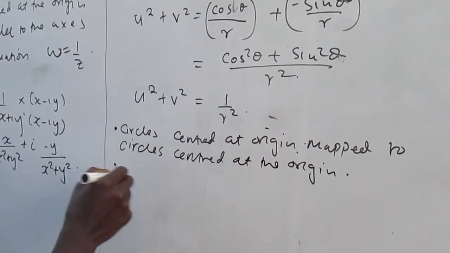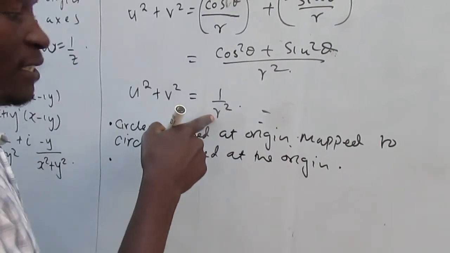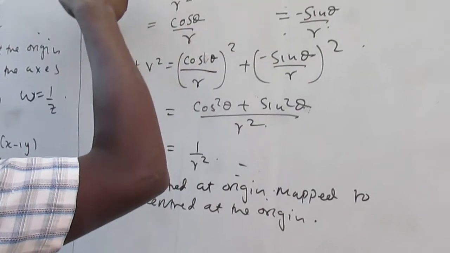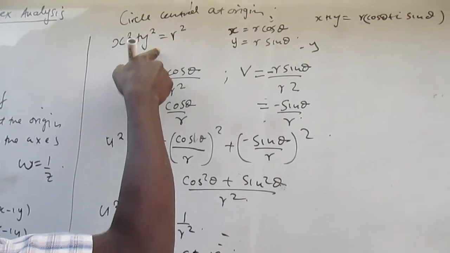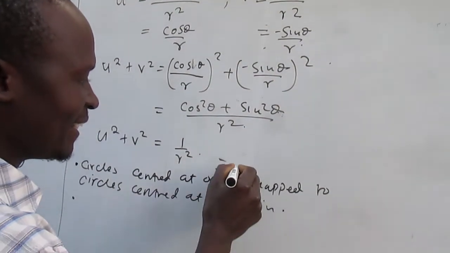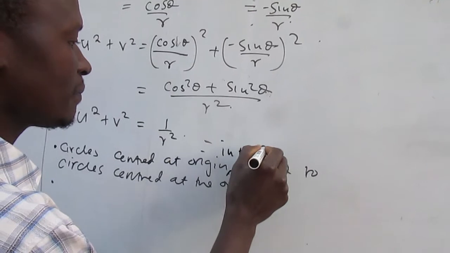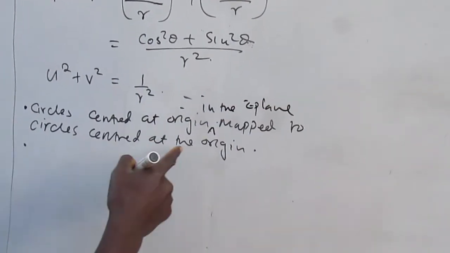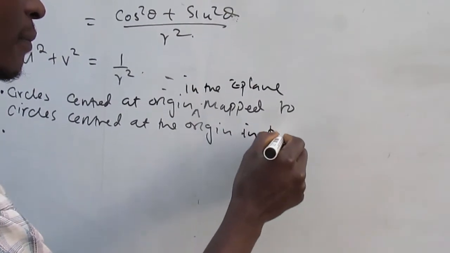Now again, an interesting thing to note here is that when r is 1, then circles centered at the origin in the z plane are mapped to circles centered at the origin in the w plane.